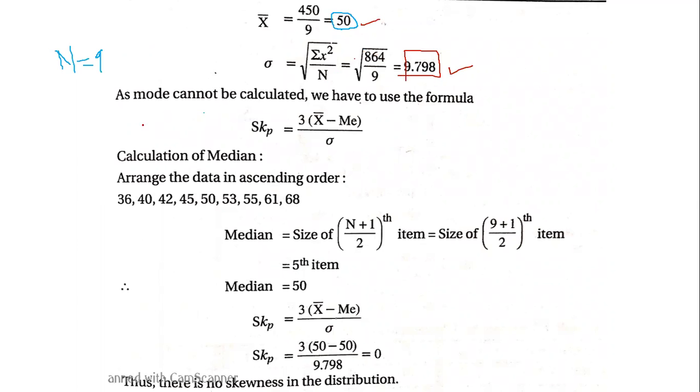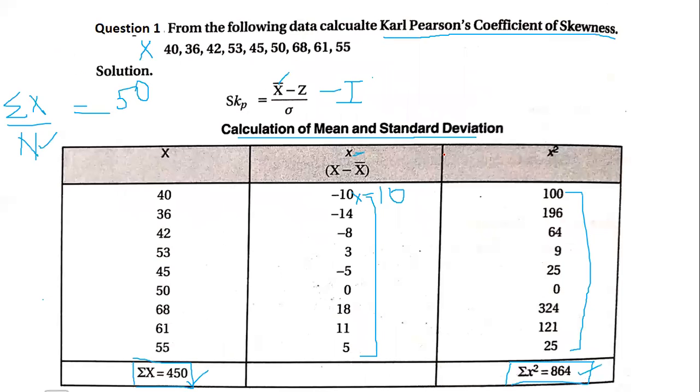Now the next, as mode cannot be calculated, we have to use the formula. If you remember, mode cannot be calculated for an individual series here. Why? Because you don't have a frequency. Usually mode is calculated by observing the frequency. Whichever frequency is highest, that corresponding x value will be considered either as a modal class or as a mode value.